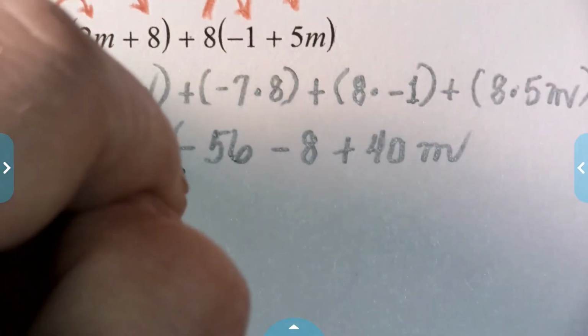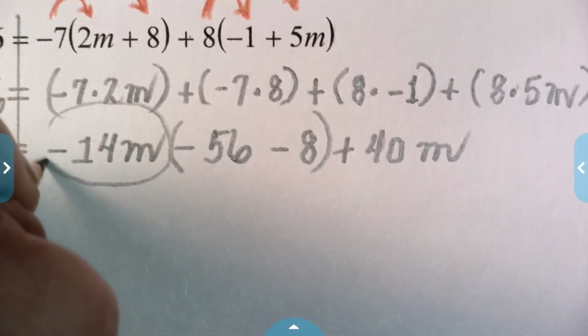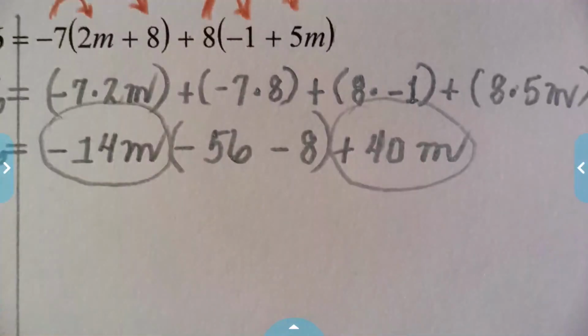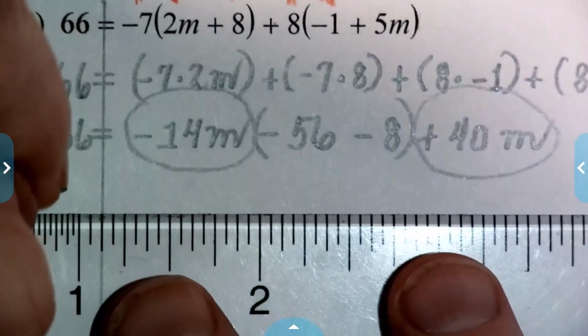I've got negative 56 minus 8 as common terms, and then a negative 14m and a 40m. We'll have to combine all this together. So negative 56 minus 8 is like 56 plus 8. 56 is 7 times 8, so 56 plus 8 would be like 8 times 8. That's going to be like negative 64. So on the left, I've still got that 66 hanging out.